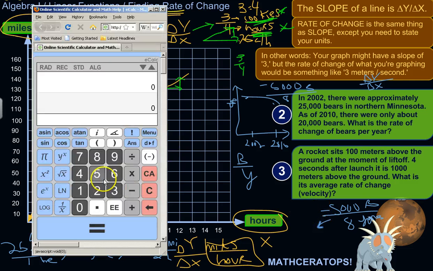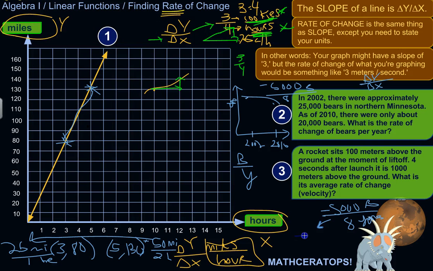You can just divide 5,000 divided by 8. I'll put a negative sign on it. So that's negative 625 bears per year. So the rate of change here is a loss of 625 bears per year. So it's 5,000 bears over 8 years, which amounts to 625 bears in 1 year.